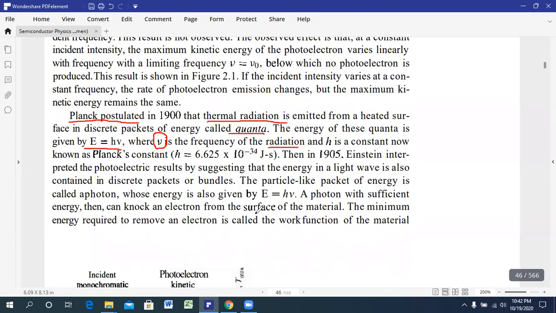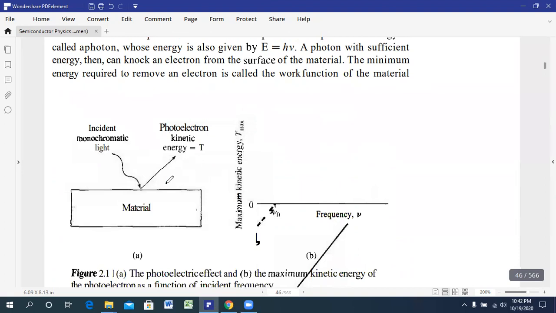In 1905, Einstein also interpreted the photoelectric effect using this suggestion of packets of energy. If we look at figure 2.1, this is the material, and the incident monochromatic light falls on the surface, and the photoelectron kinetic energy is defined by T. This amount of energy is released from the surface due to the monochromatic light.